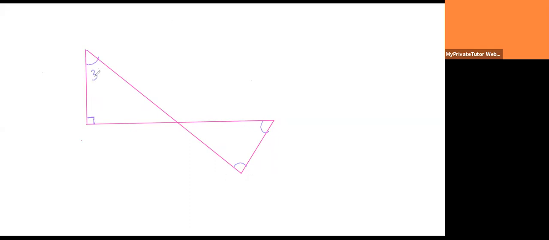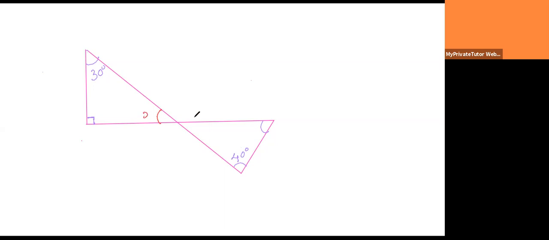So let's say this looks like a 30. Okay. So this looks like, you can find that. And let's say this one is 40. So we need to find this angle.